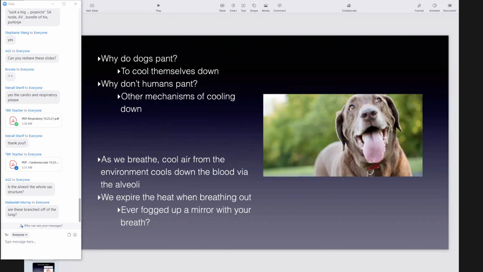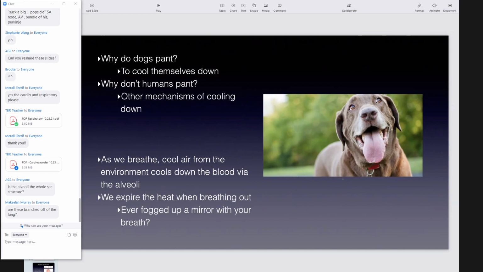When we breathe, we don't just breathe out carbon dioxide. The more correct term is we breathe out wastes. Heat is a waste. We breathe out water vapor. If you ever breathe on a mirror and it fogs up, we're breathing out heat, water vapor, and carbon dioxide.